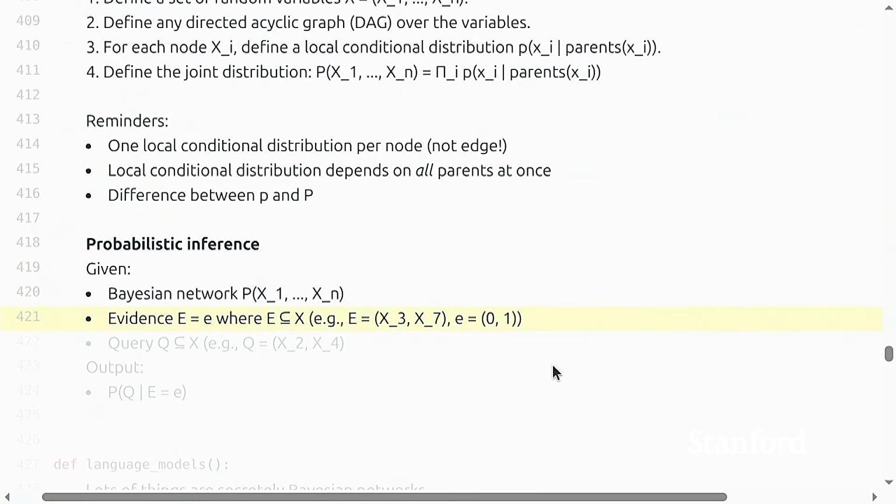Then you're interested in a set of query variables, which could be any other subset of nodes, like x2 and x4. Anything that's not mentioned, like x1, x5, x6, is assumed to be marginalized out. The output is a probability table, which gives us the probability of every assignment to Q conditioned on E equals little e.